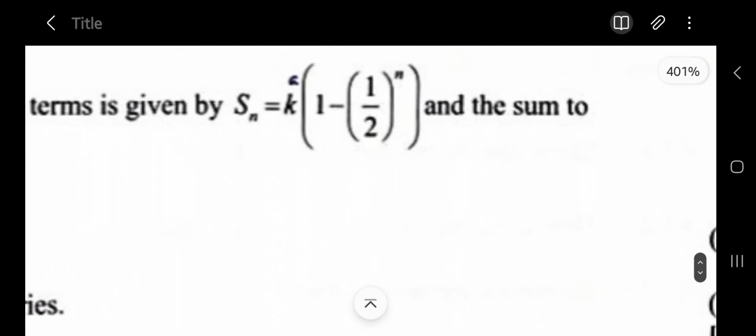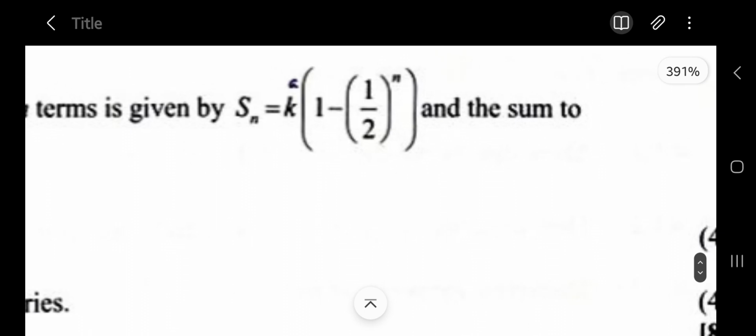If I replace n with 1, I'm going to get something with k. But now they've given us the formula of the sum of the series, so I understand that I can get the terms of the series using the sum formula. So let's try and do that.